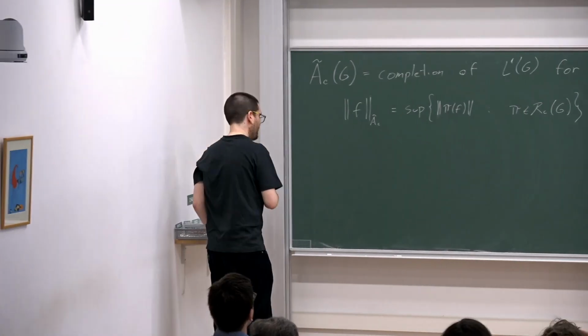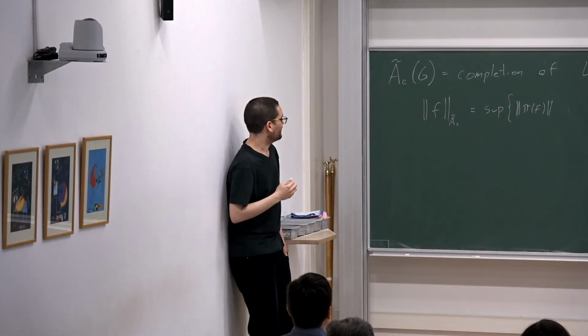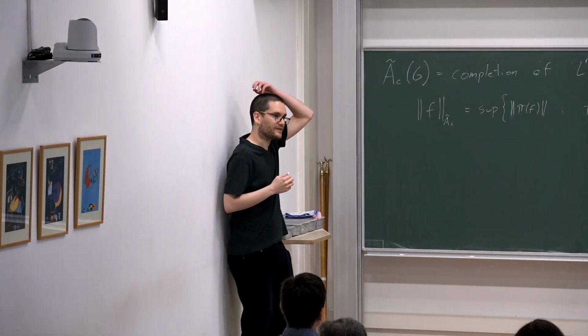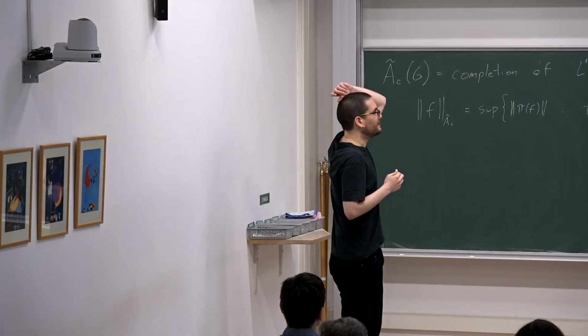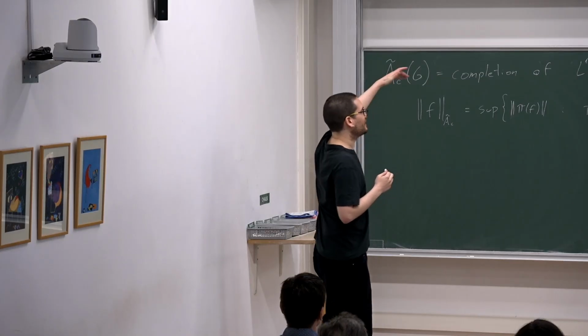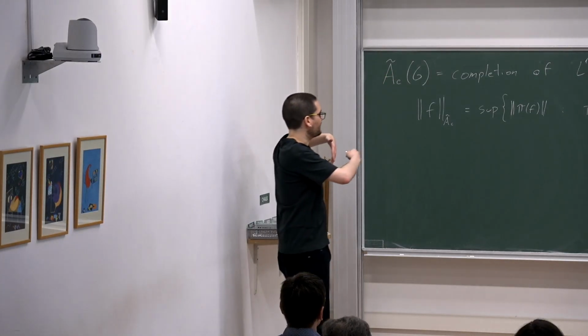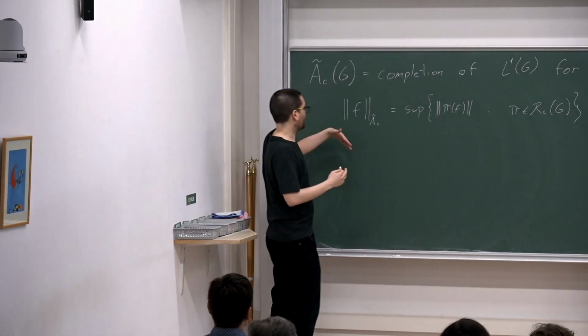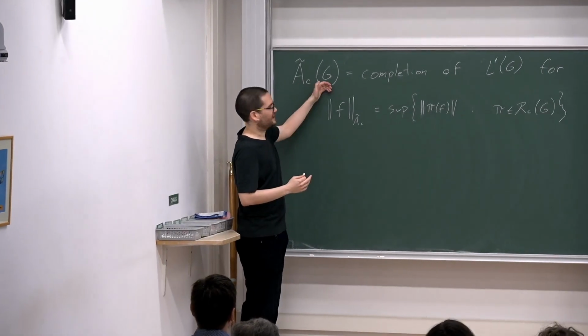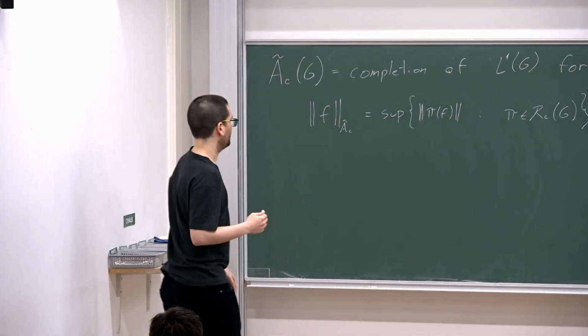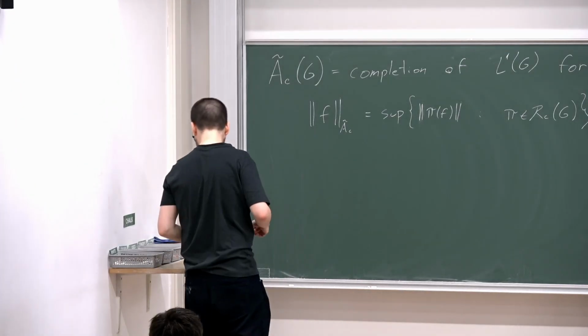So I have this Banach algebra for this norm, where the product is just the convolution on L1, and naturally from the definition, every representation extends to an algebra morphism from this algebra to the operators on the underlying Hilbert space. So, yes, that's my definition.